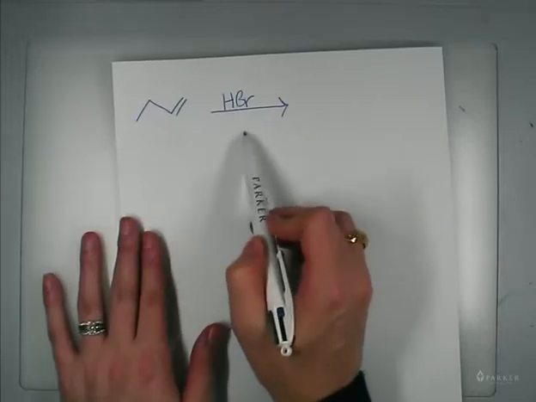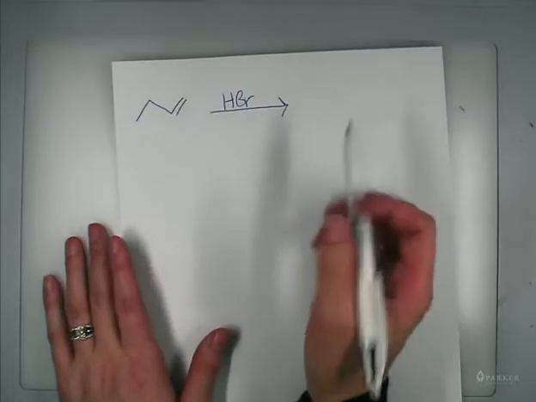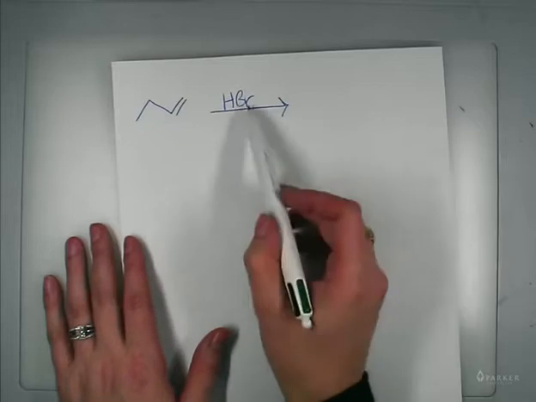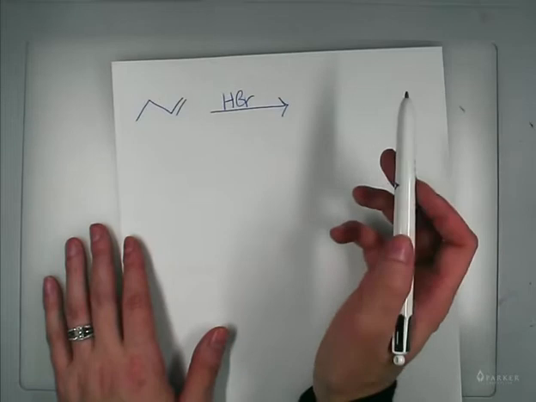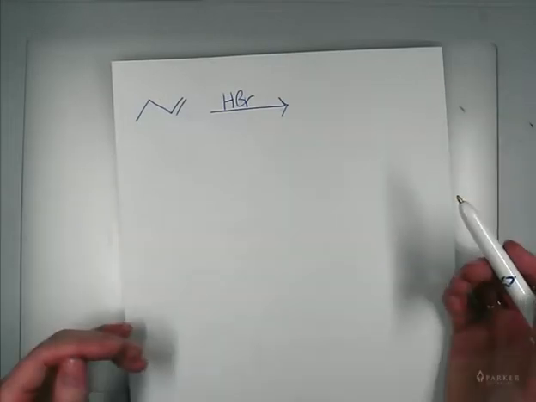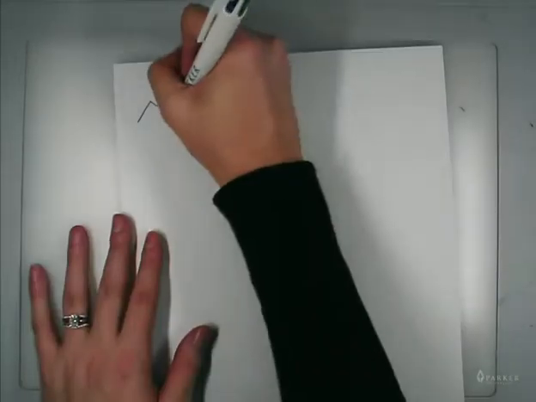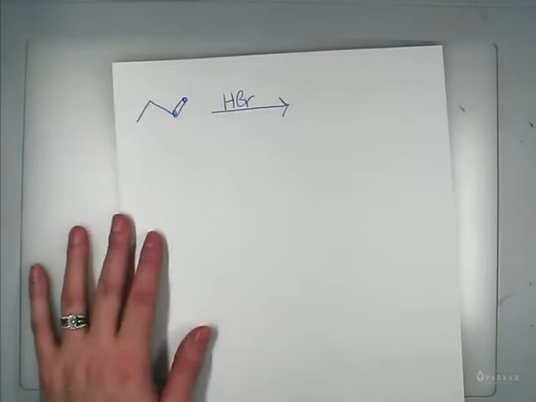There's no hydrogen peroxide listed here, so it's going to be the regular Markovnikov. What does that mean? You're going to put the Br where the most stable carbocation would form. What carbons do we look at to decide? The double bond carbons. We're only looking at these two carbons here.